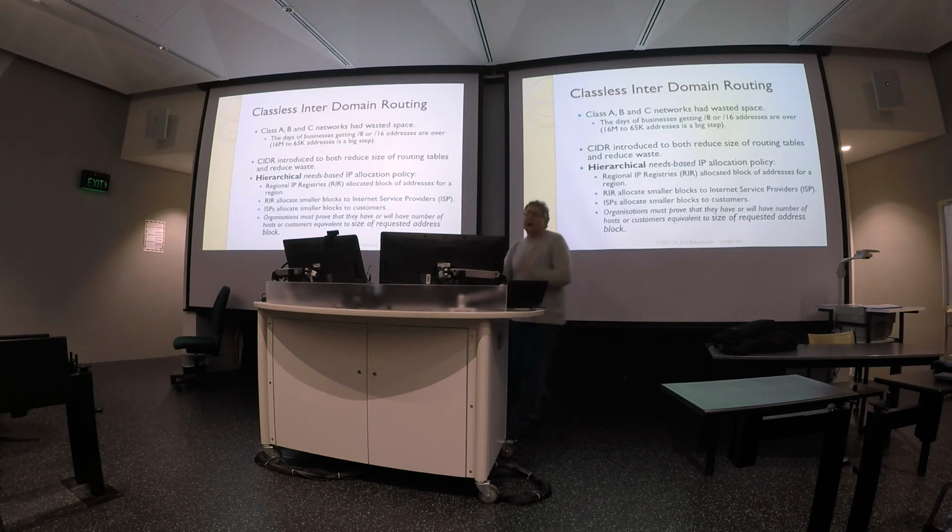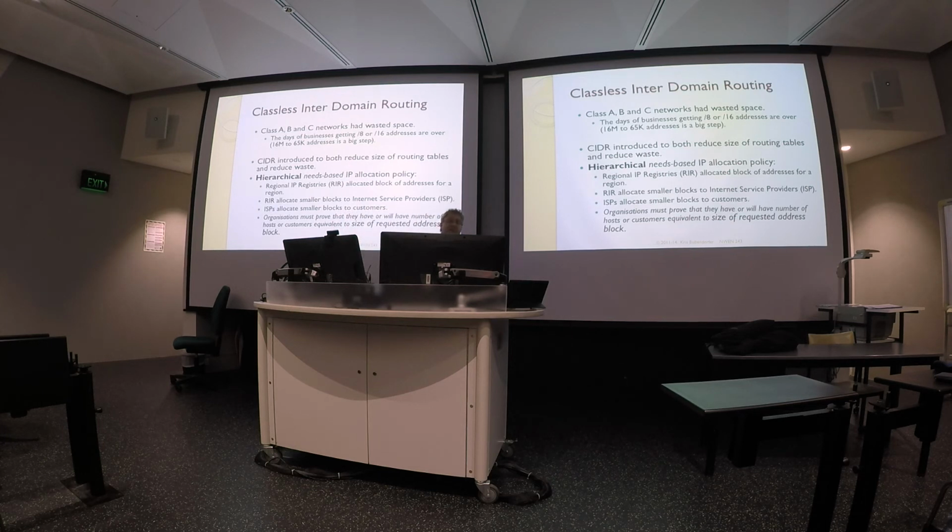Okay, so look, I talked about fragmentation. Fragmentation is bad. It wastes a lot of address space. So class A, B, and C networks all had wasted space. And then what used to happen is, if you were a big, huge company back in the old days, you used to just go to the Internet Authority and say, give me a /8, or give me a /16.